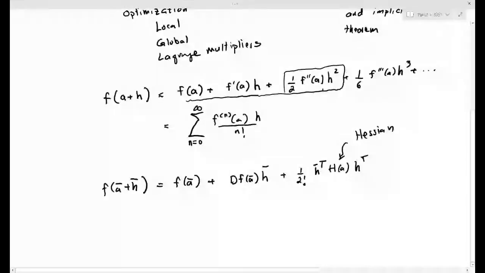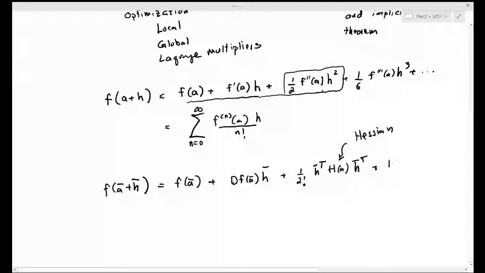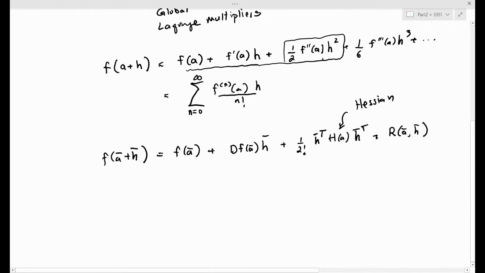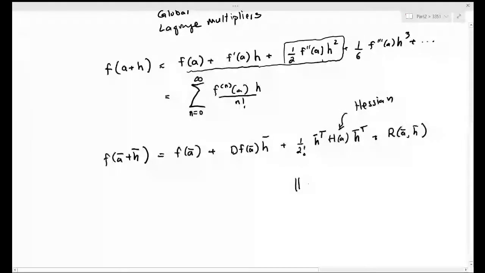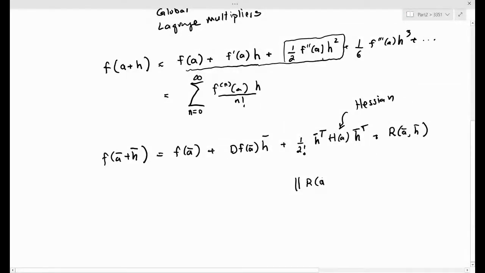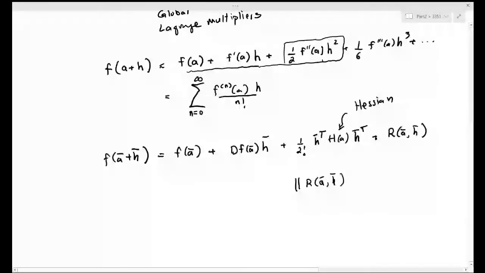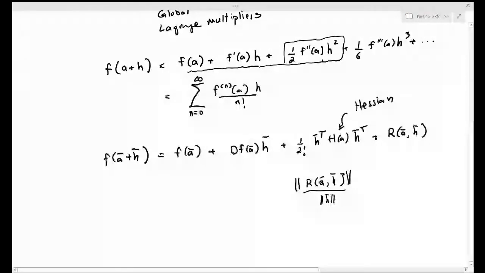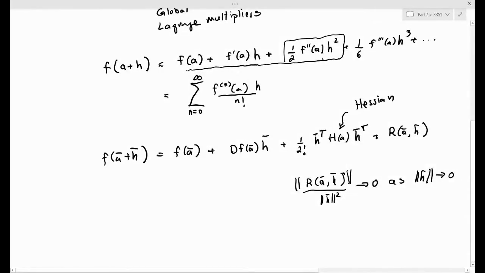And then you're going to have higher order terms, and those can be combined into a remainder defined at a acting on h. The property of the remainder is that if you take its norm and divide by magnitude of h squared, this is going to go to 0 as h goes to 0.